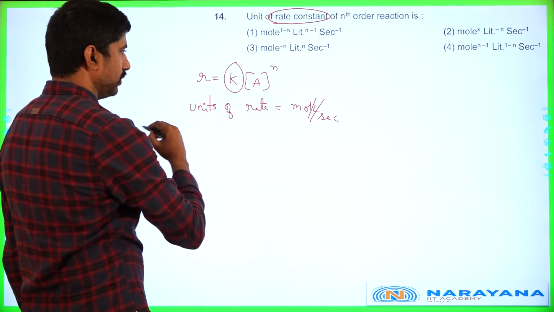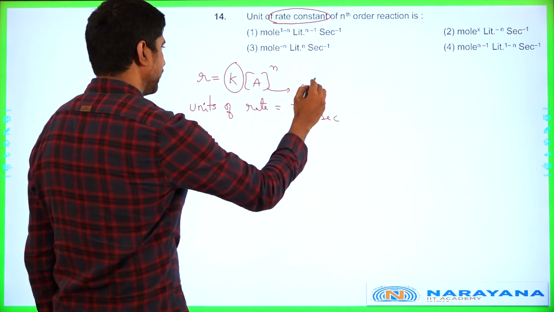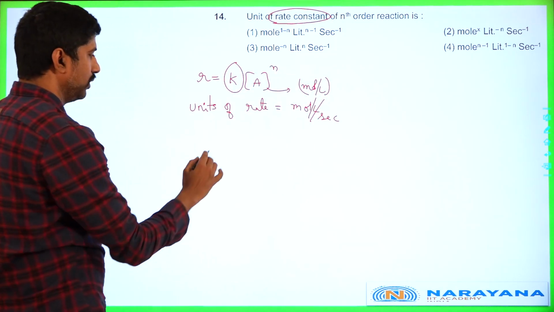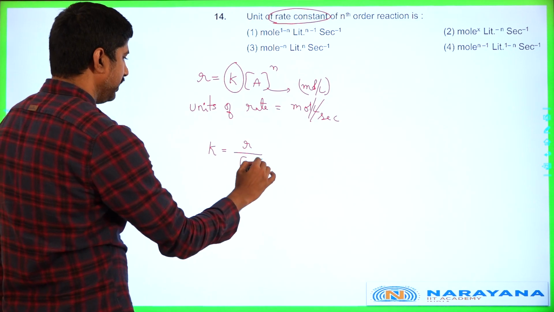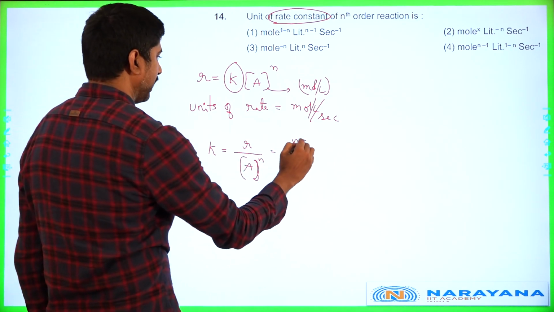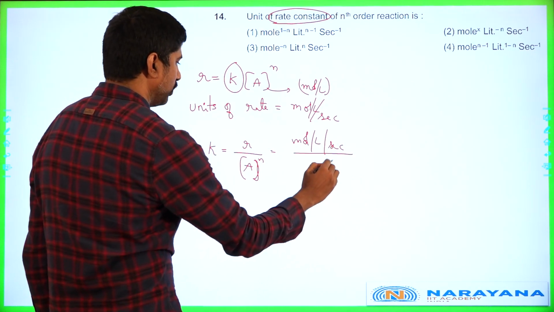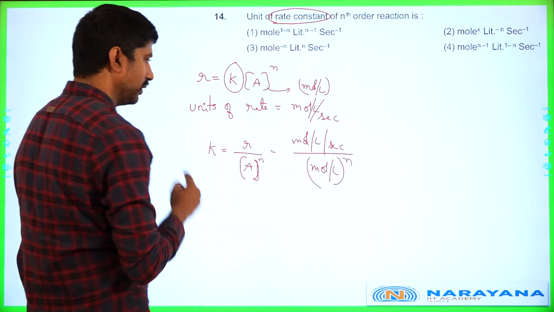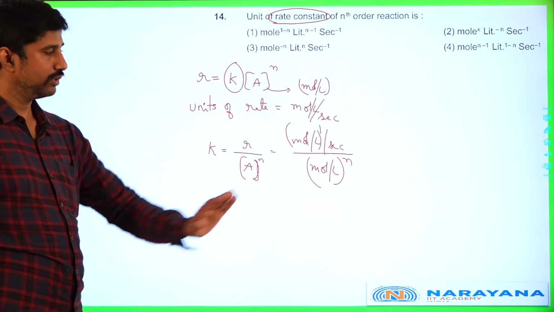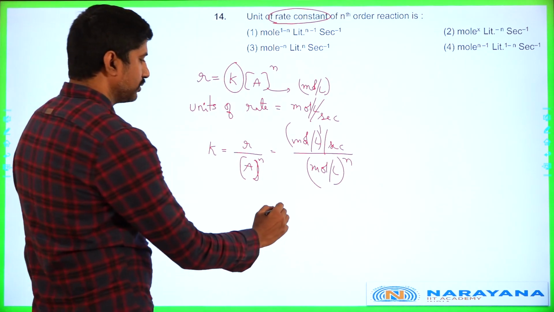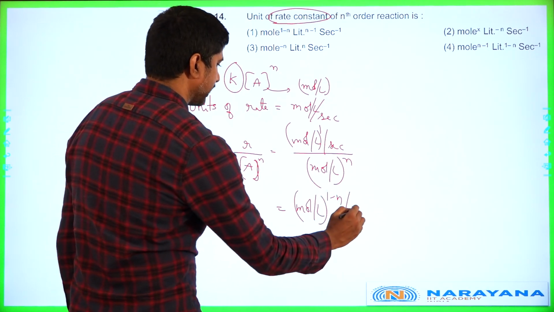And we want K. Concentration of reactant or any substance we can always express in moles per liter. So K we write as R by A power n. R we write as moles per liter per second, and A as moles per liter power n. Here we have power 1, and in the denominator power n, so bring that to the numerator: mole per liter power 1 minus n per second.